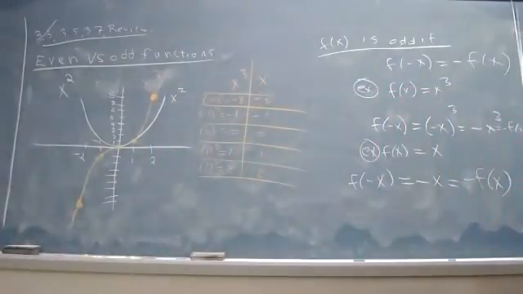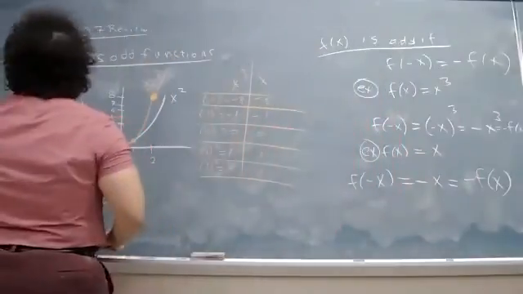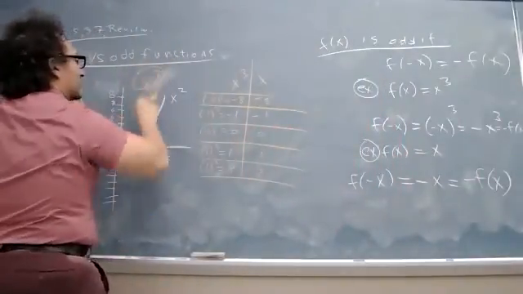Okay, now, even versus odd is basically equivalent to x squared versus x cubed.